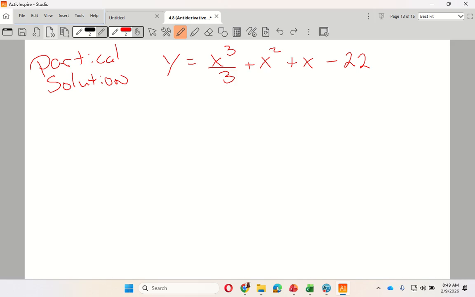So I'm going to show you guys, so if you could please take out your calculator. This is going to be what it means.